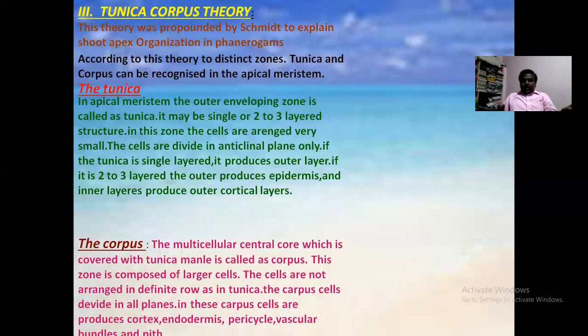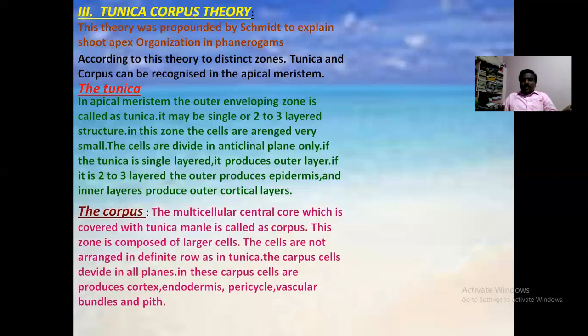The corpus, next one. The multicellular central core, which is covered by the tunica mantle, is called the corpus. It shows multiple layers of cells.